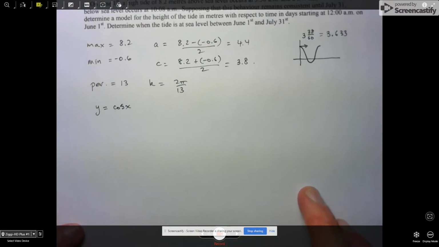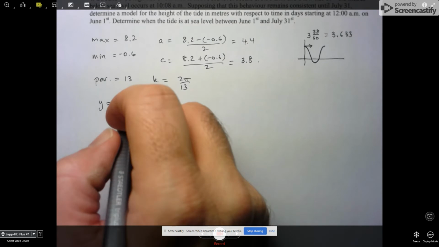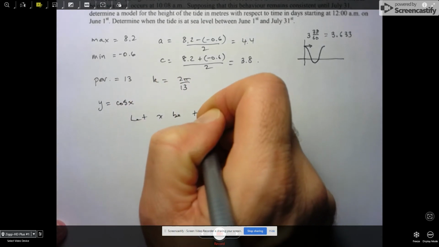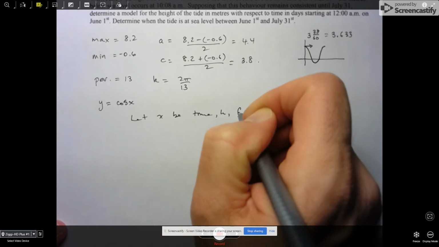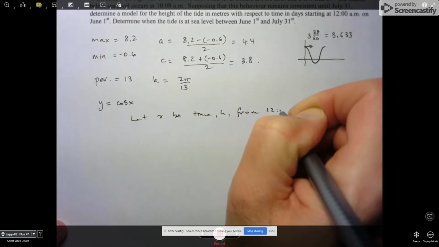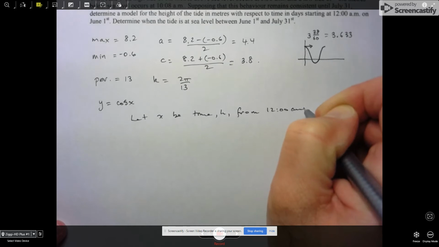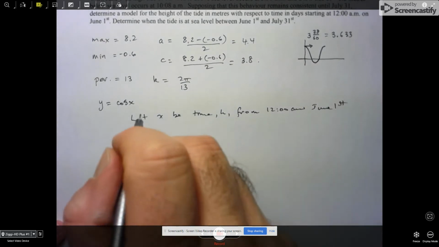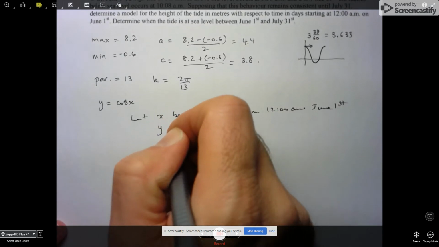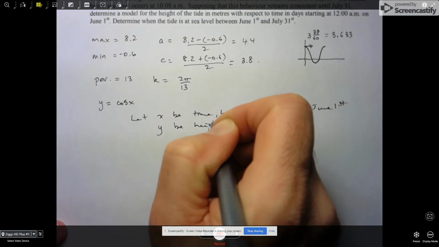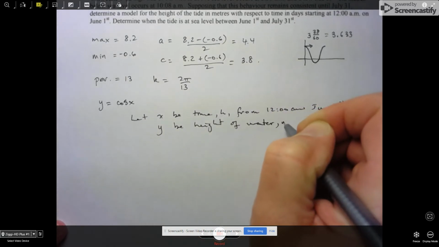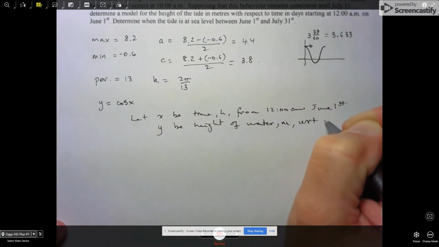So now we're going to get our model here. So if you let x be time in hours from 12 a.m. June 1st. Okay, so we really should be defining our variables here, and y be height of water in meters with respect to sea level.